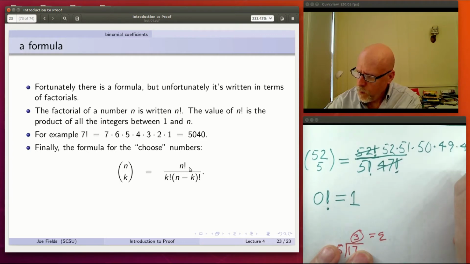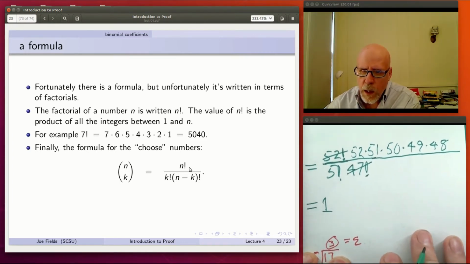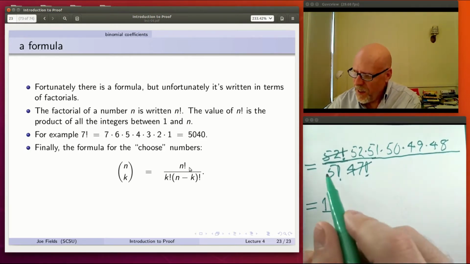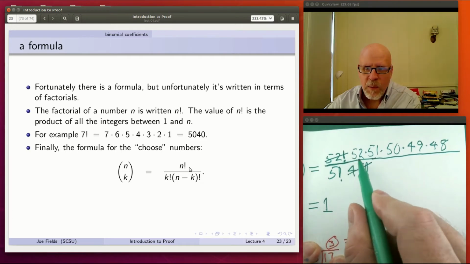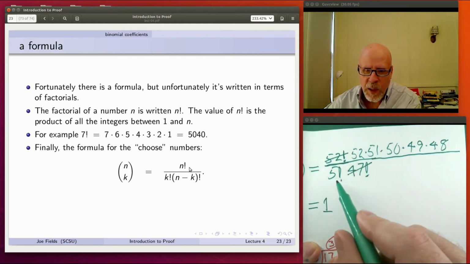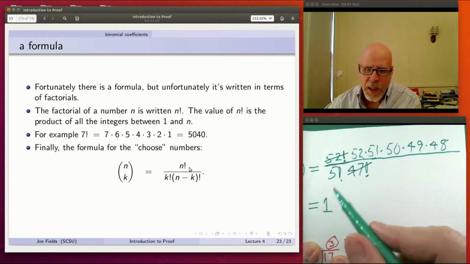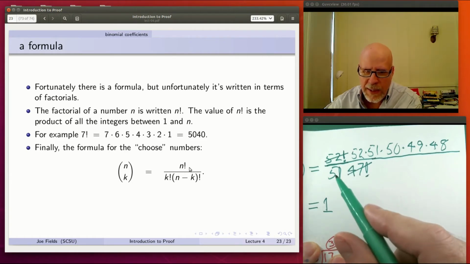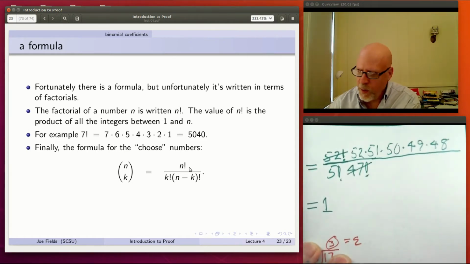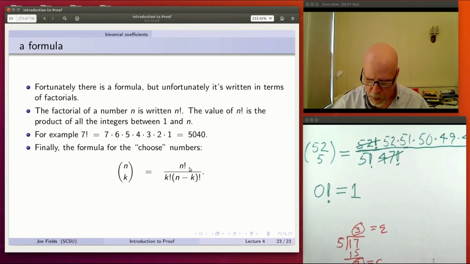Am I off the screen? Sorry about that. And my handwriting sucks. Anyway, this is the descending product from 52 down to 48 over 5 factorial. That happens to be 120. You can actually also find things to cancel out of this factorial and these numbers, but let's leave that be for now.